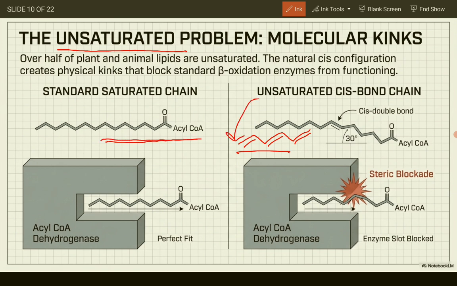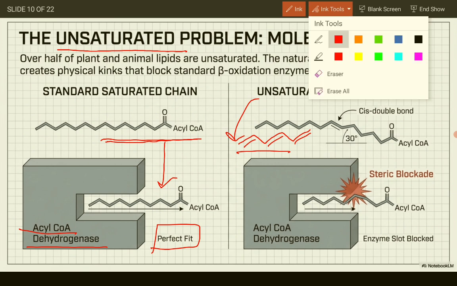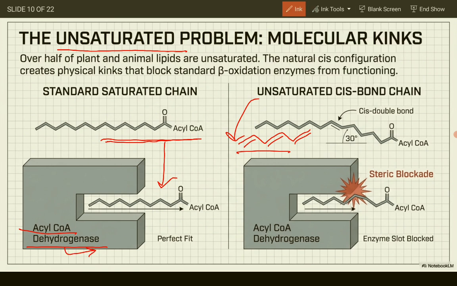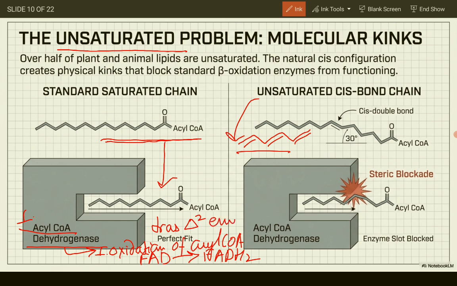Now a saturated straight molecule of acyl CoA can form a perfect fit within the acyl CoA dehydrogenase enzyme. In case you have forgotten, I will remind you, as we have talked about in the previous video, that acyl CoA dehydrogenase is the first enzyme required for the oxidation of acyl CoA, and it utilizes FAD to produce FADH2 and produces trans delta 2 enoyl CoA.